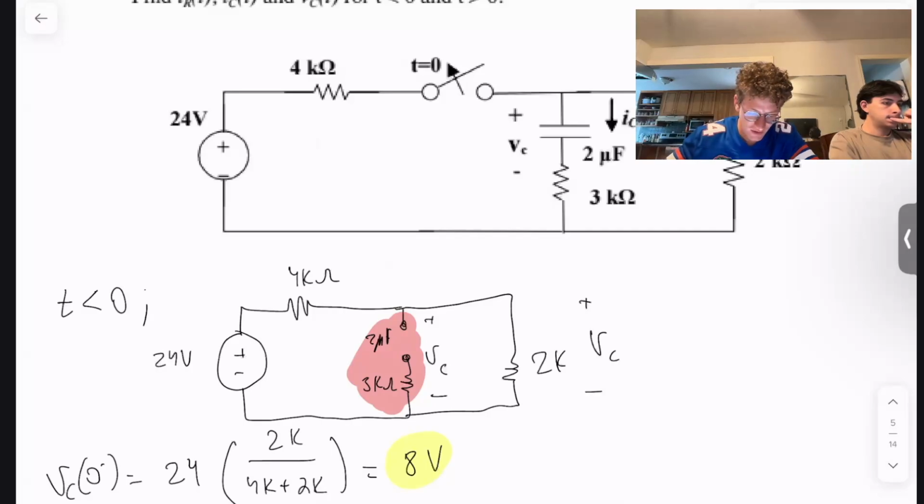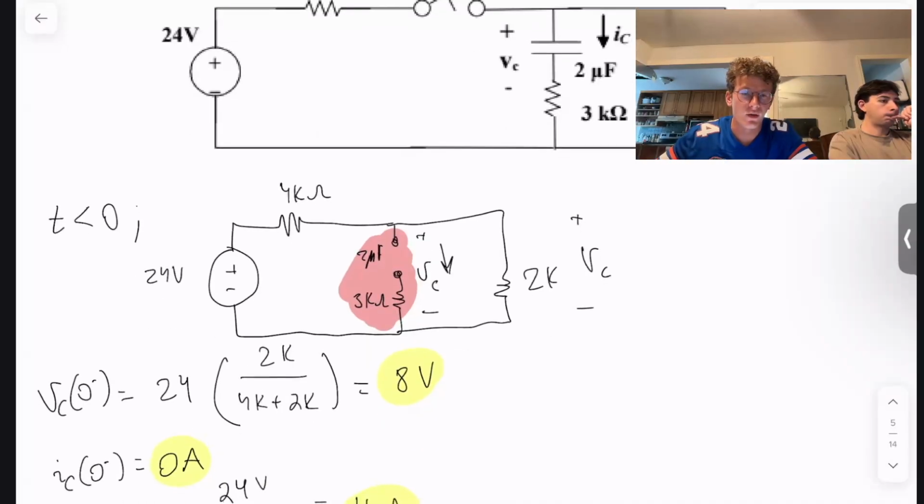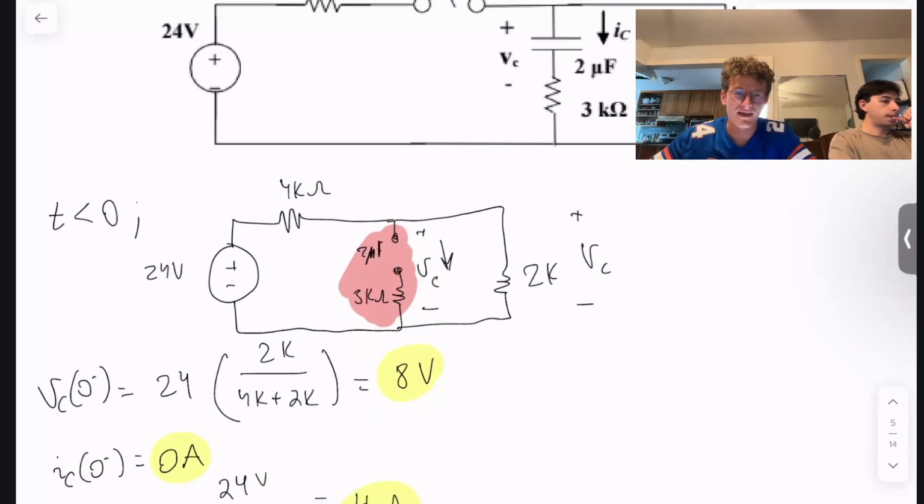So we can just do voltage division to find that our initial voltage across our capacitor is 8 volts. Since we have an open over here, we know that the current through the capacitor is going to be 0. So that makes our lives easier, no math there.